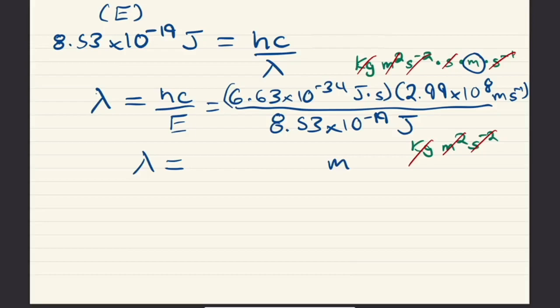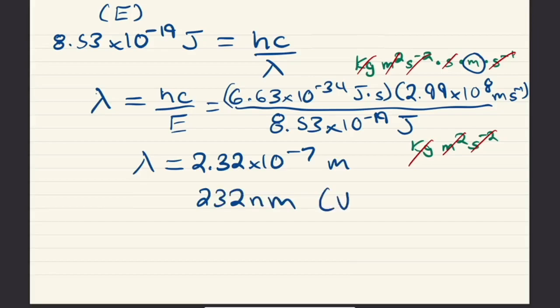Now, this value, 8.53 E negative 19, looks like 2.32 e to the negative 7, which is also 232 nanometers, which is in the UV.